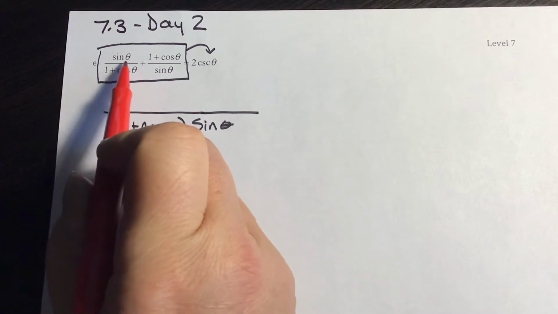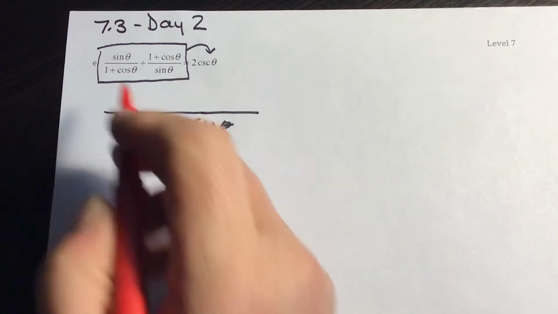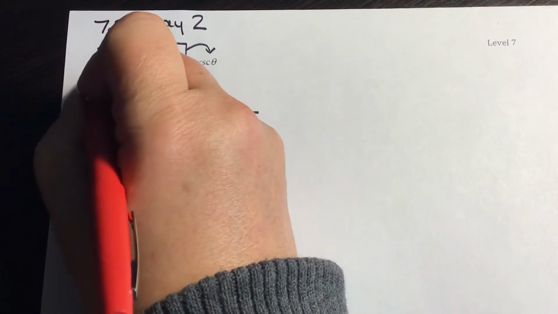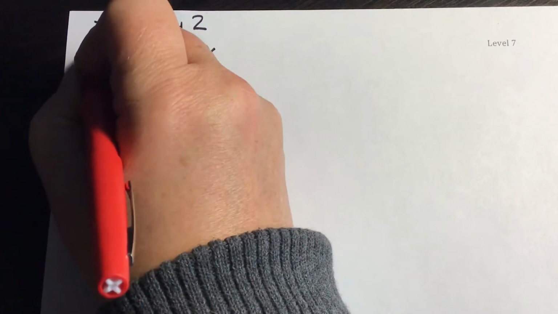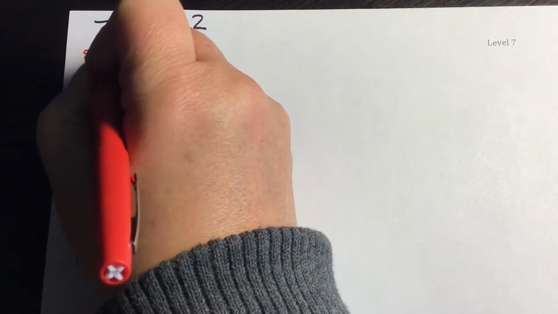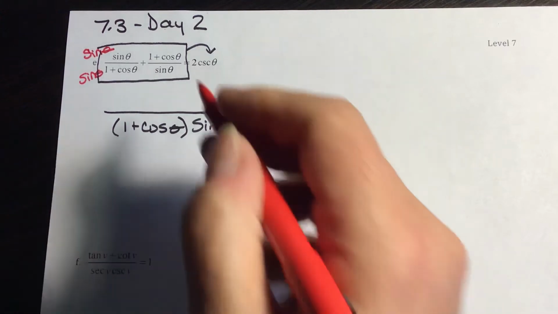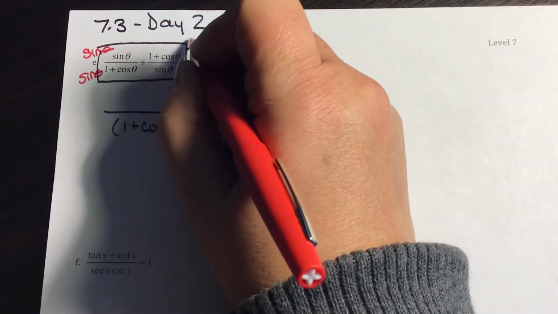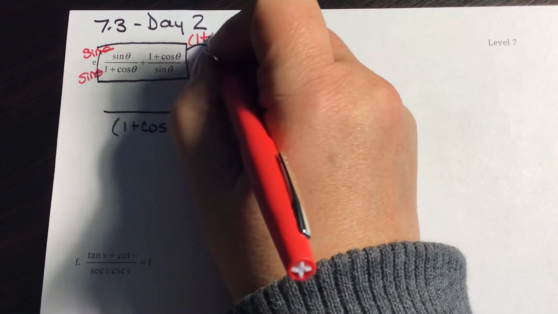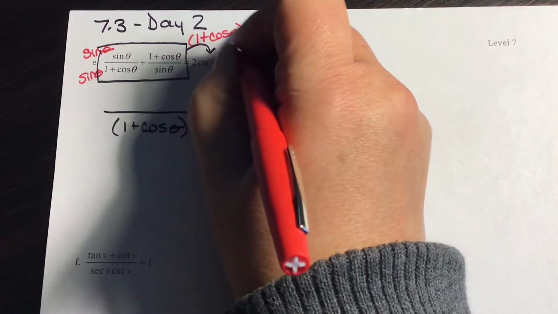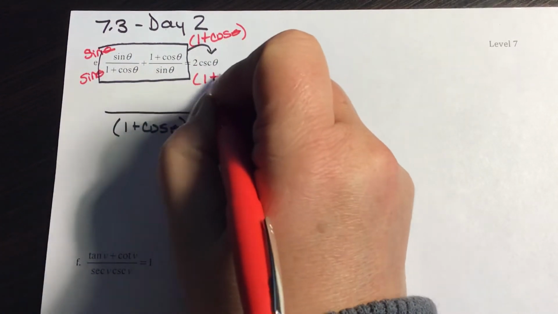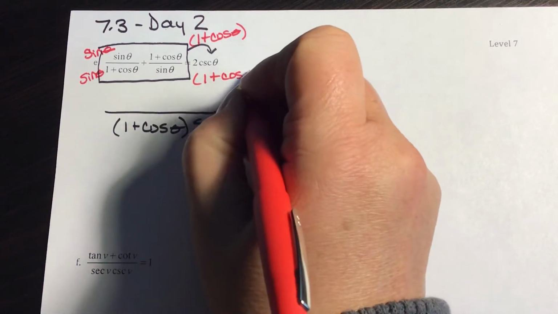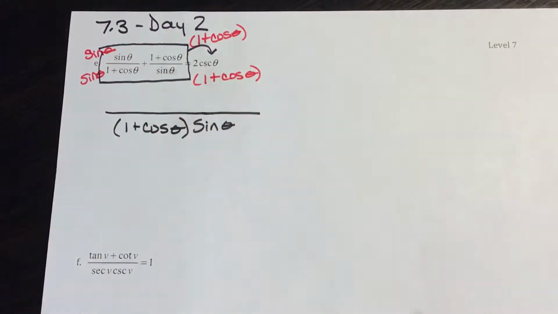So on this denominator, I'm missing the sine. So I'm going to multiply by sine of theta on top and on bottom. And on this side, I'm going to multiply by 1 plus cosine of theta to the top and bottom of that fraction.